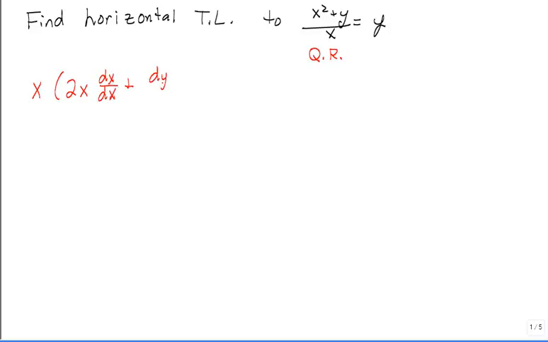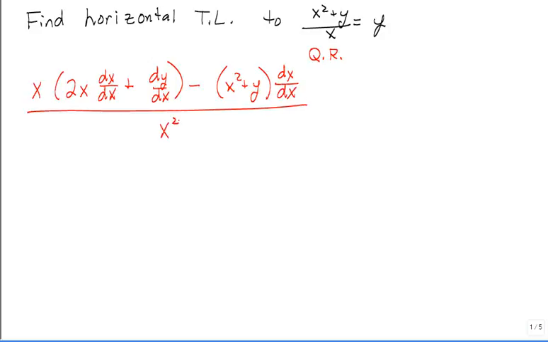Derivative of y is dy dx, minus the numerator times the derivative of the denominator over the denominator squared. And the derivative on the right-hand side of y is dy dx. Okay, so I have 2x squared plus xy prime minus x squared minus y equal x squared y prime.